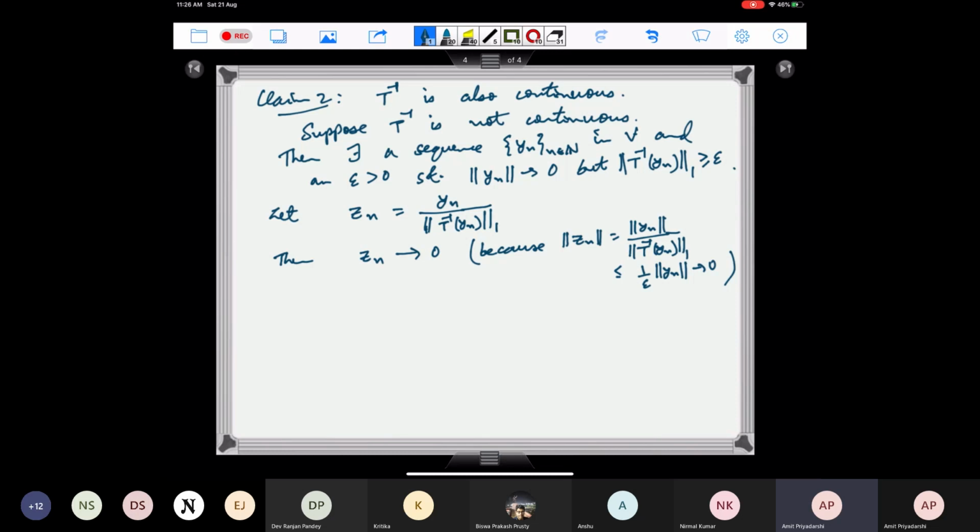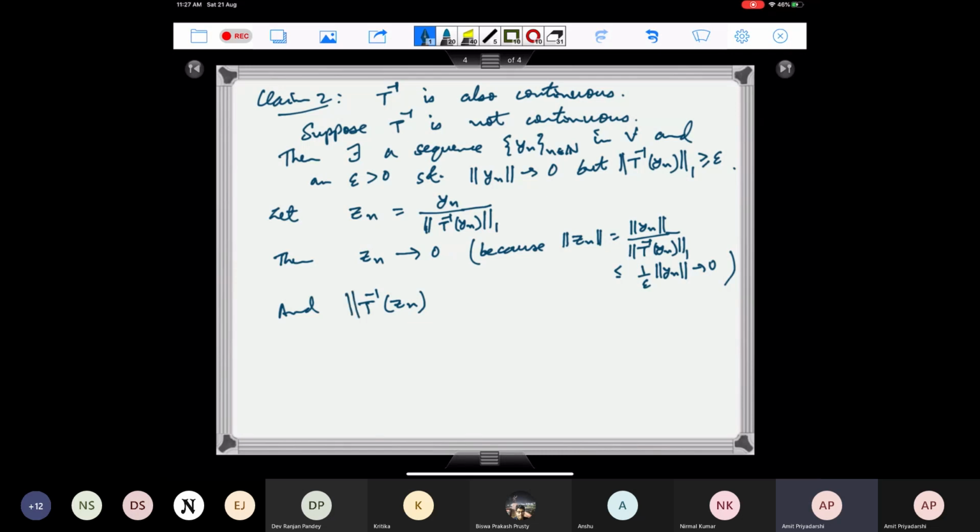And what about T inverse zn? T inverse zn is nothing but T inverse yn by the one norm of T inverse yn.